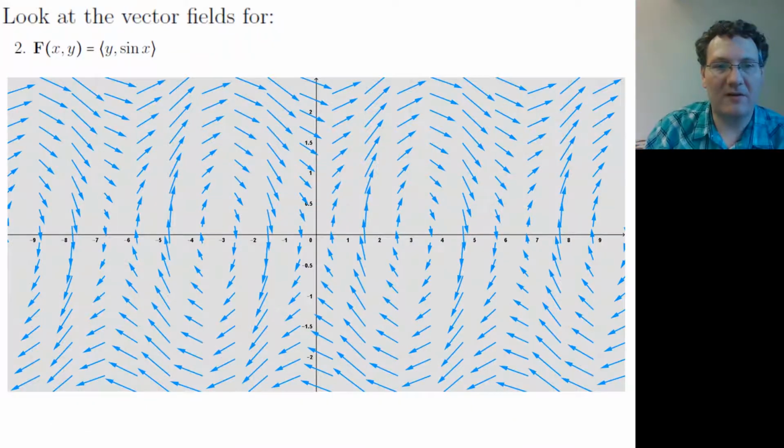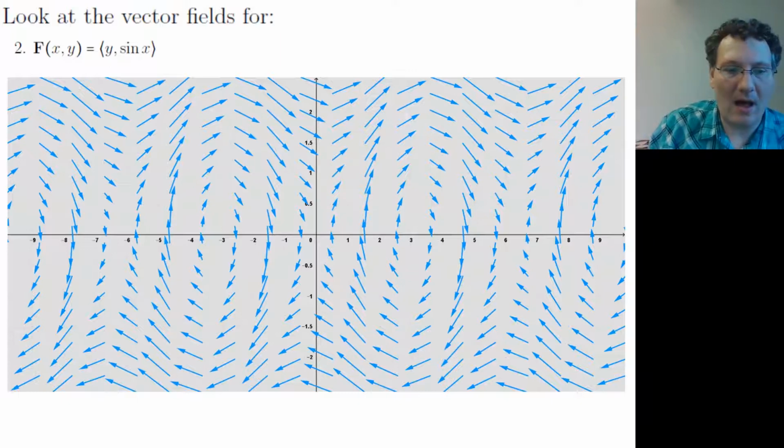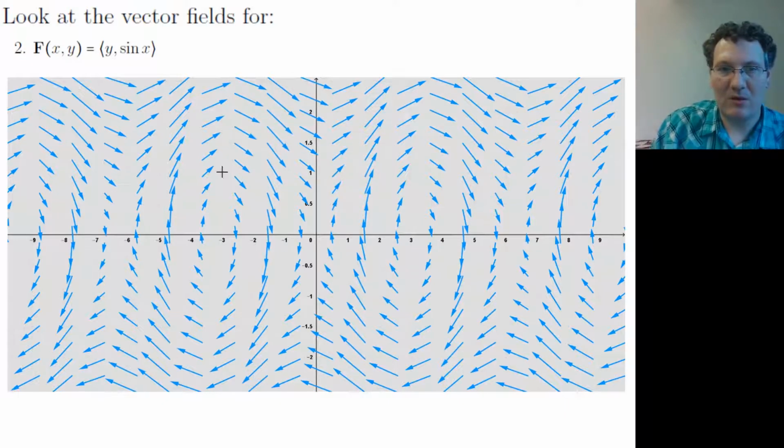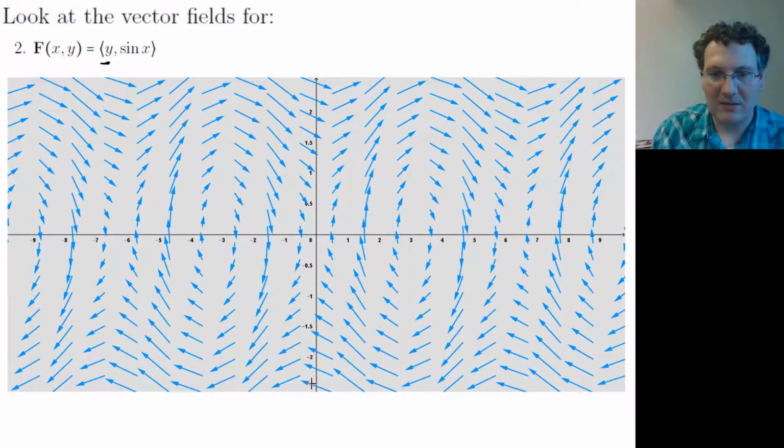Here's another vector field, where the x-coordinate is y. So you can think of it like, at positive y values, the arrows are going to be pointing to the right, proportionally to the y value, and below the x-axis they'll be pointing to the left, further and further depending on how far down we go.